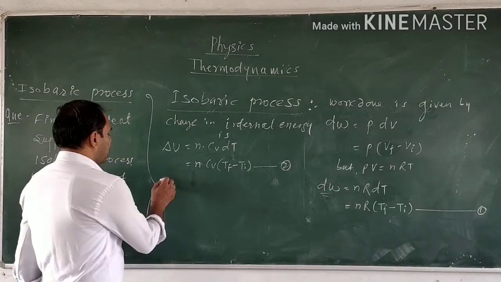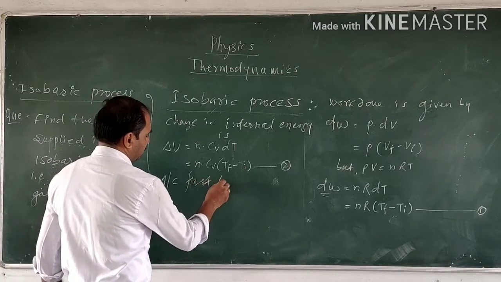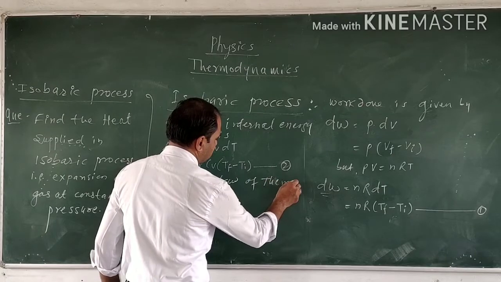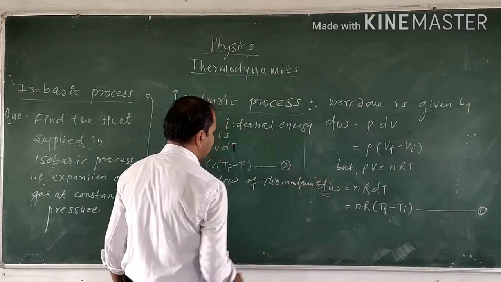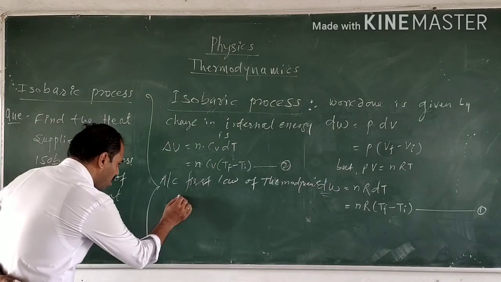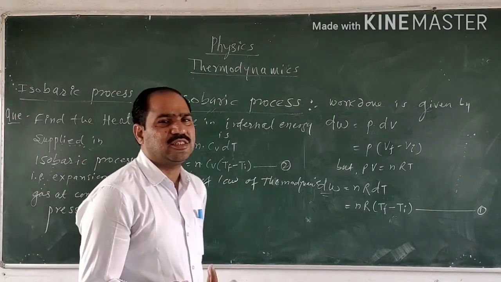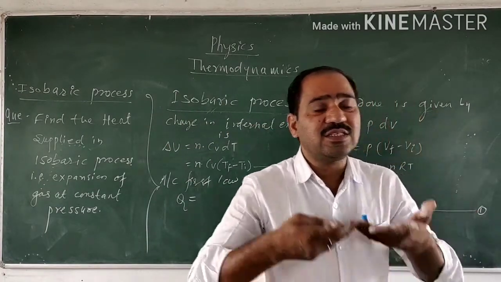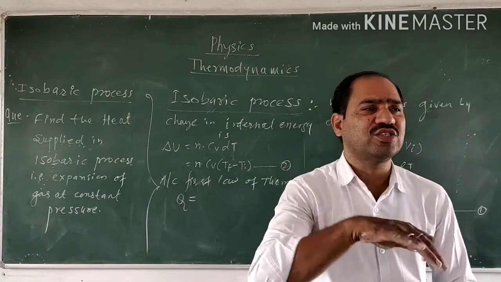So here, according to our first law of thermodynamics, what is the law? The amount of heat energy given to the system is utilized in two ways. First, to increase its internal energy, and second, to do work by the system or on the system.